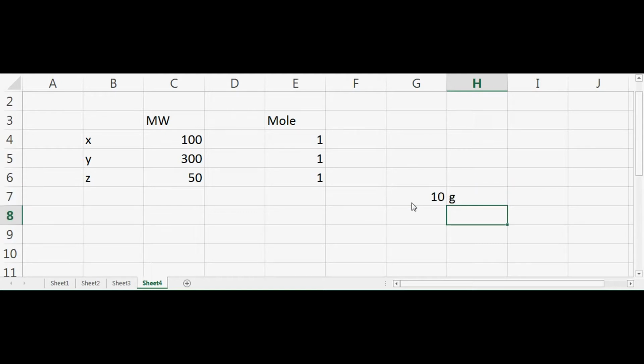So how much of each of these substances should we mix to get the molar ratio of 1:1:1?